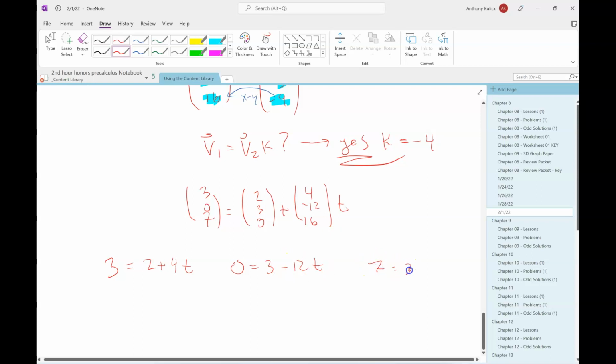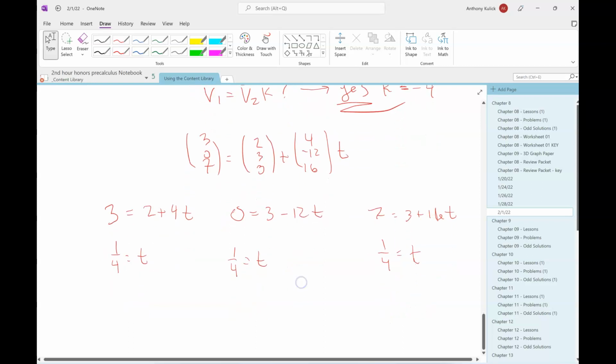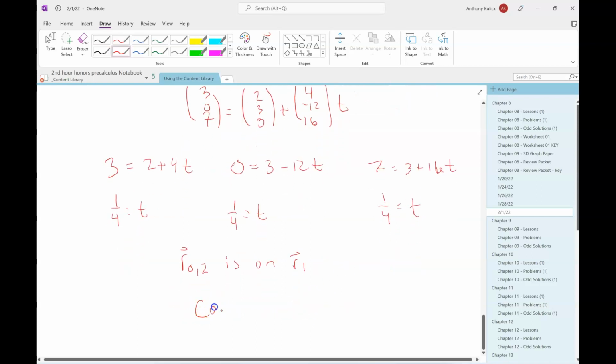And 7 has to equal 3 plus 16t. So if I do that, I get 1/4 is t. Here I get 1/4 is t. And here I get 1/4 is t. Since these are all the same, I know that R2's point is on R1. So we have that these are coinciding.